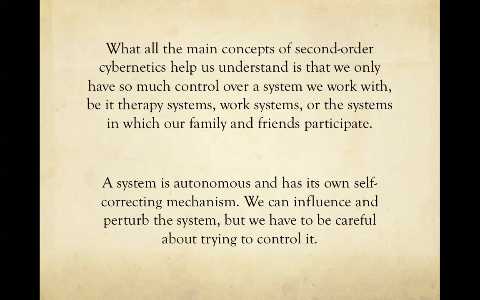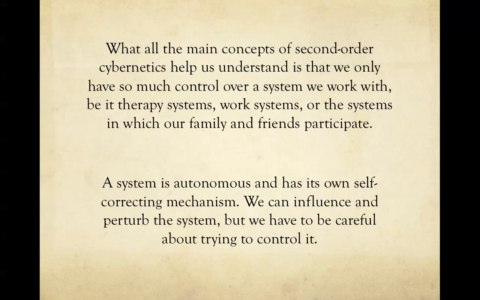We only have so much control over a system that we work with, whether it's a therapy system, a work system, or the systems in which our families and our friends participate. A system is autonomous. It has its own structure and its own self-correcting mechanisms. We can influence systems, we can perturb systems, we can participate in systems, but we have to be careful about trying to control systems.